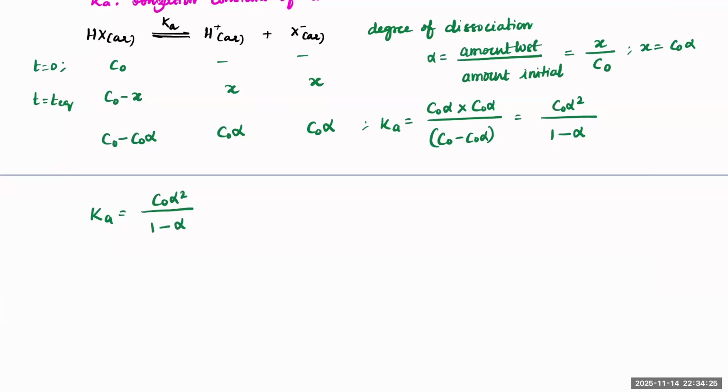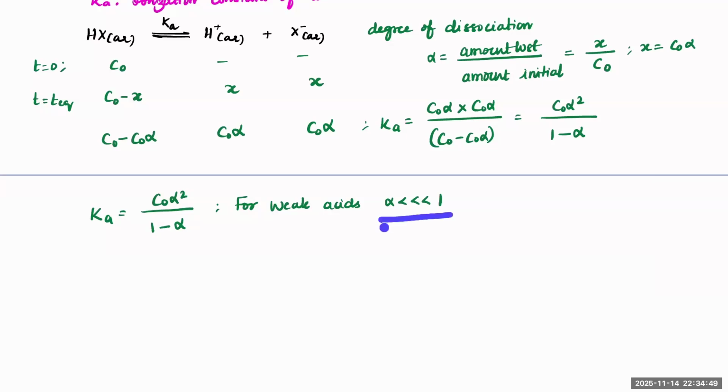And you know that for weak acids, we expect that alpha is a very, very small value. In most weak acids, not all of them but most, a generic weak acid, we expect the degree of dissociation to be very small.